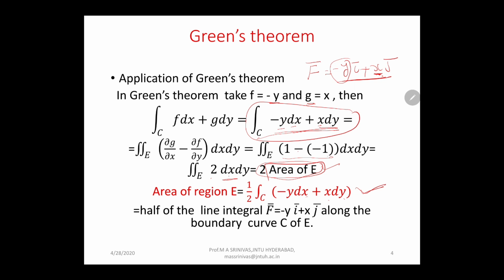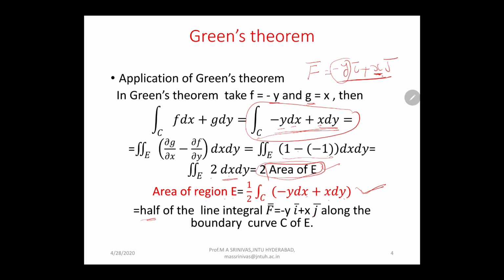If I convert that into verbal form, how do you get the area of a region E? Area of a region E is half of the line integral of what function? Minus y i bar plus x j bar. Area of a region is always equal to half, don't forget this half, of the line integral of minus y i bar plus x j bar along the boundary curve C of E. For that region, see the boundary curve.